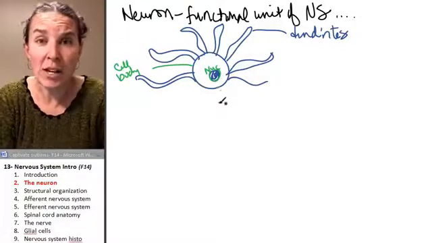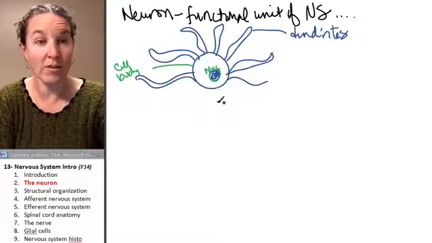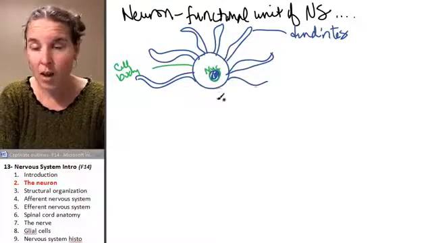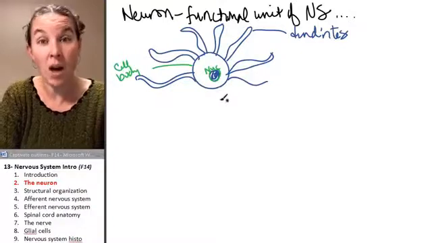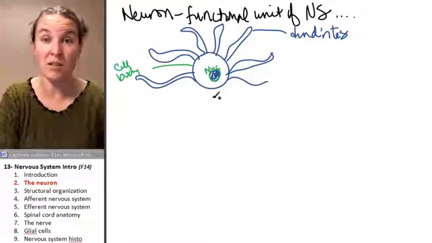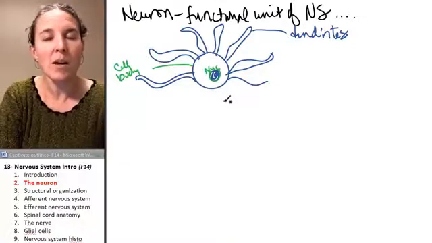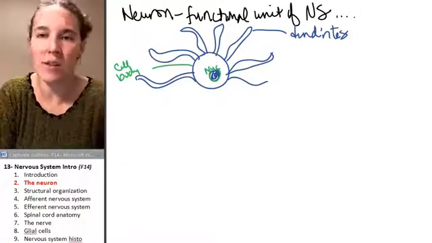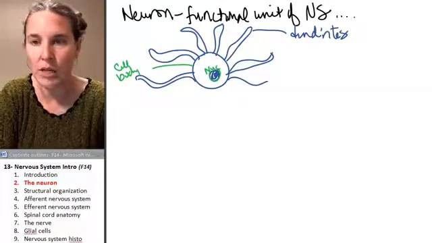So when I draw dendrites, they're going to look like little hairs coming out of this cute little head of the neuron. But don't be confused because they're not hairs. They're extensions of the cell themselves. We also have another extension. Now, I'm drawing like the quintessential neuron here.